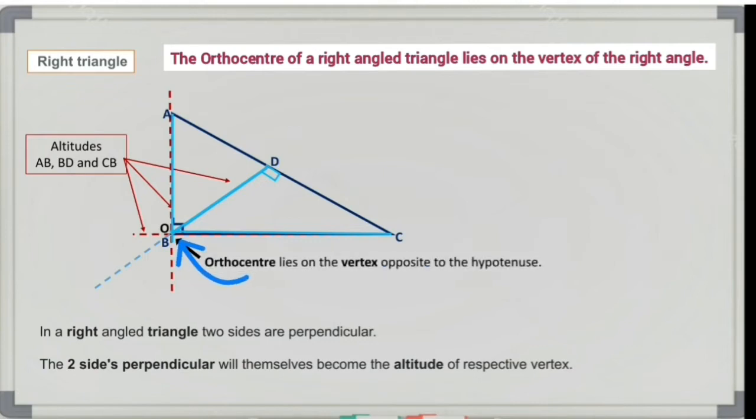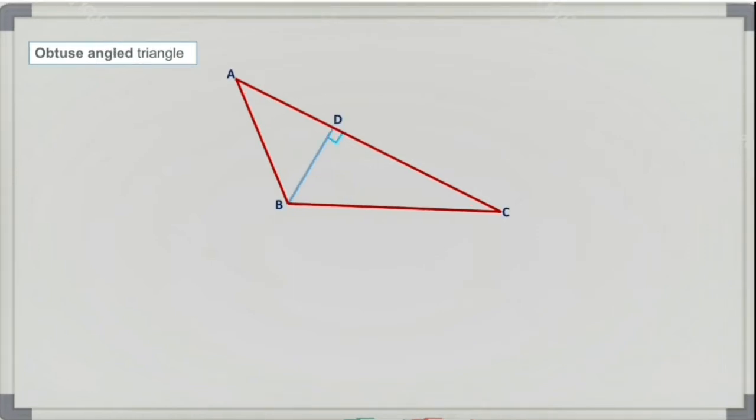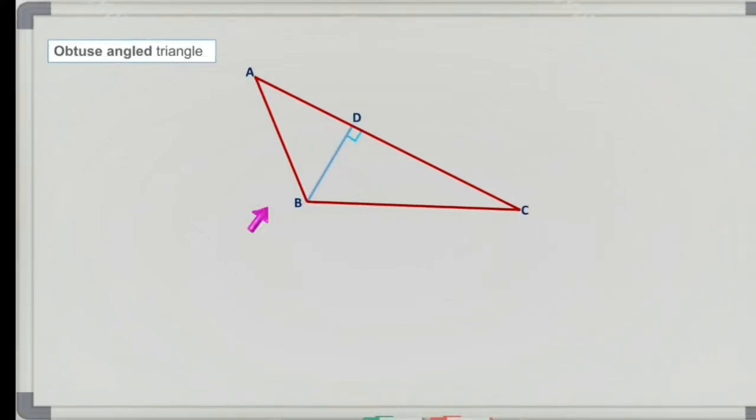Now let us understand where the obtuse angle triangle orthocenter lies. First, let us take an altitude BD from vertex B to side AC. Observe here, vertex A's opposite side is BC. To draw a perpendicular from vertex A to segment BC, we had to extend CB.